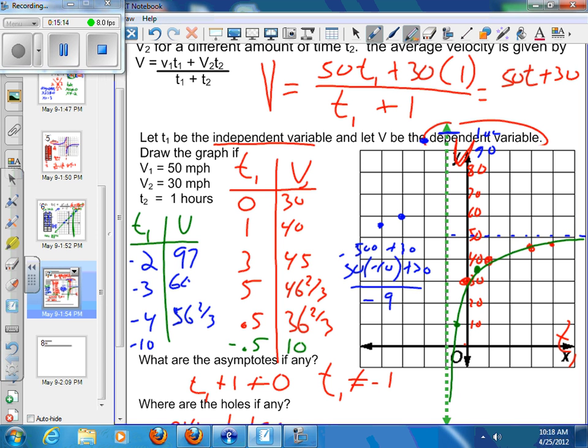Then you divide that by negative 9, and you get about 52. So you can see that we're getting close to our line there, and again, we're not touching it way out there. So our curve is going to come down here, and this asymptote is going to go the whole way across.